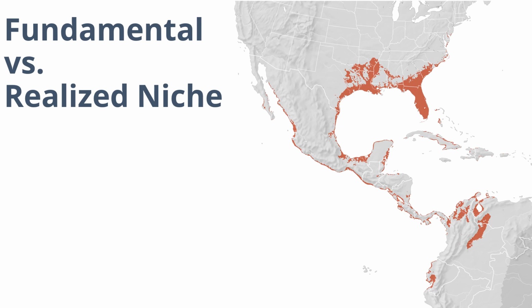Whereas the realized niche then is the set of conditions in which a species actually lives because of the presence of competitors. So when we look at geographical range maps, like this one for a species of ibis, which is sort of a white stork-like bird, what we are seeing here is the realized niche.